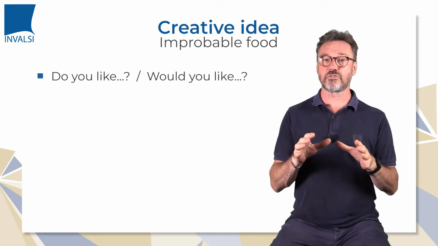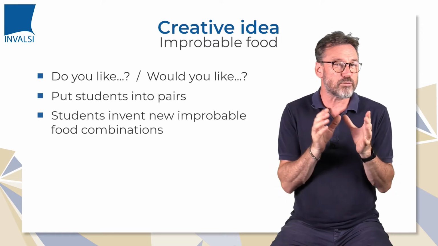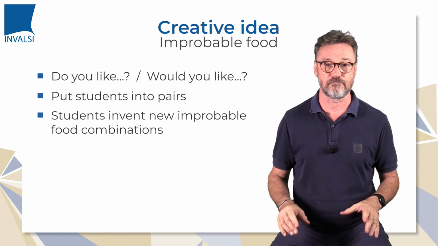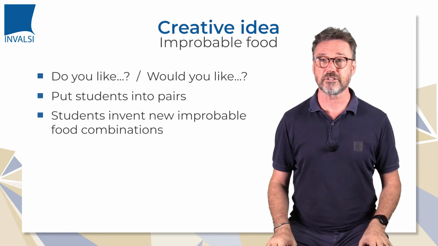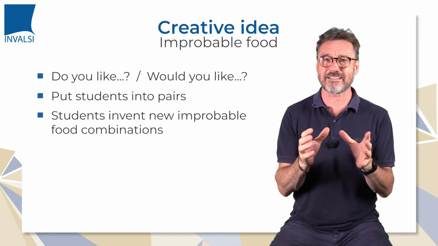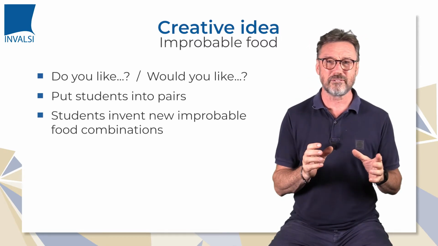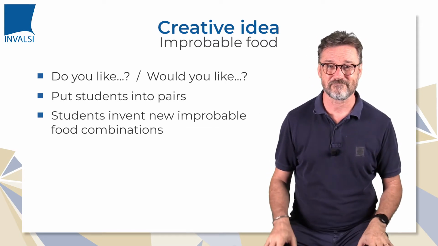Now put the students into pairs and tell them to invent new, improbable food combinations around the words that you give them. For example, write "pizza" on the board and elicit disgusting food combinations. For example, pineapple, onion, and sheep's brain pizza.